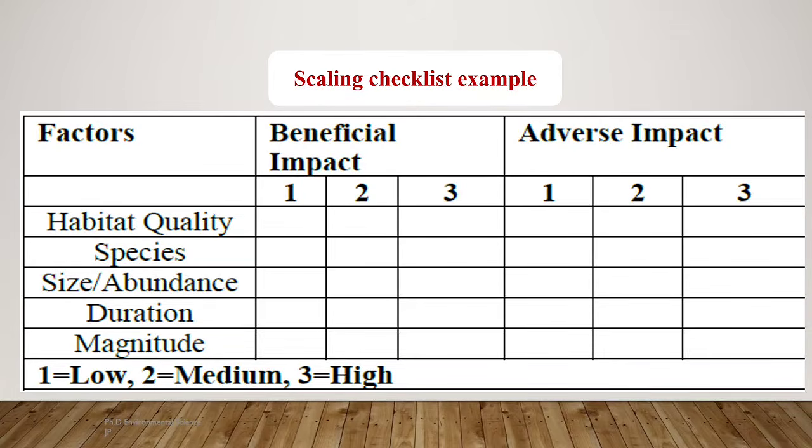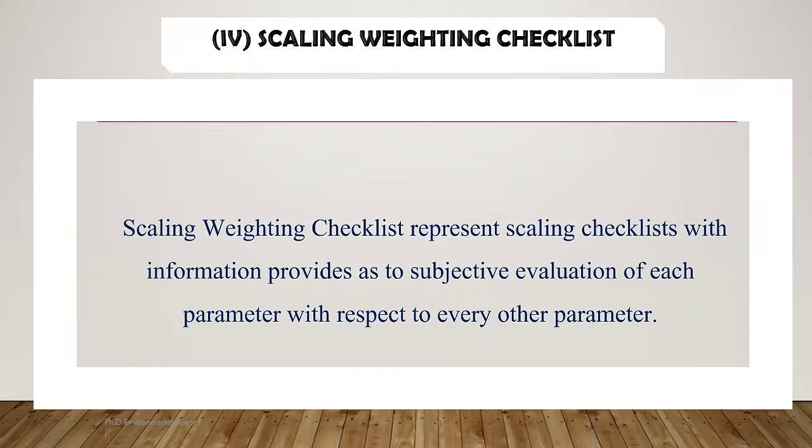Scaling weighting checklist. Now, this represents scaling checklists with information provided as to the subjective evaluation of each parameter with respect to every other parameter. Like scaling checklists, this checklist involves subjective evaluation of each environmental parameter. Parameters are rated or scaled individually based on their impact severity.